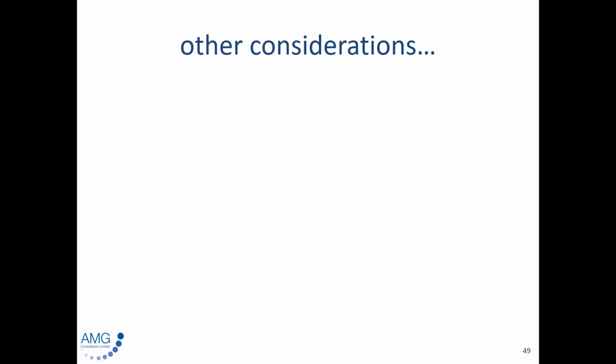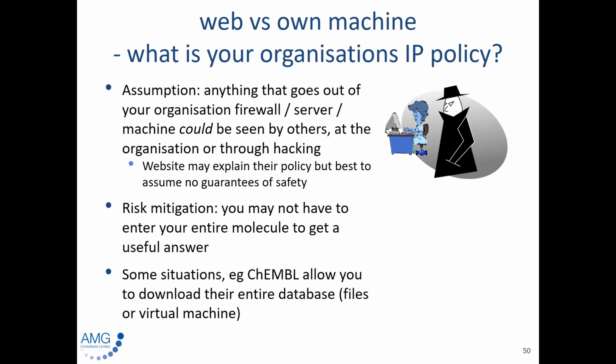Just to wrap up with a couple of final thoughts. The difference between using websites to make predictions and your own machine. Obviously, if you're using a website, you need to put in structures that other people, at least in principle, could see. So one possible risk mitigation, obviously you can look at the website to see what their policy is.